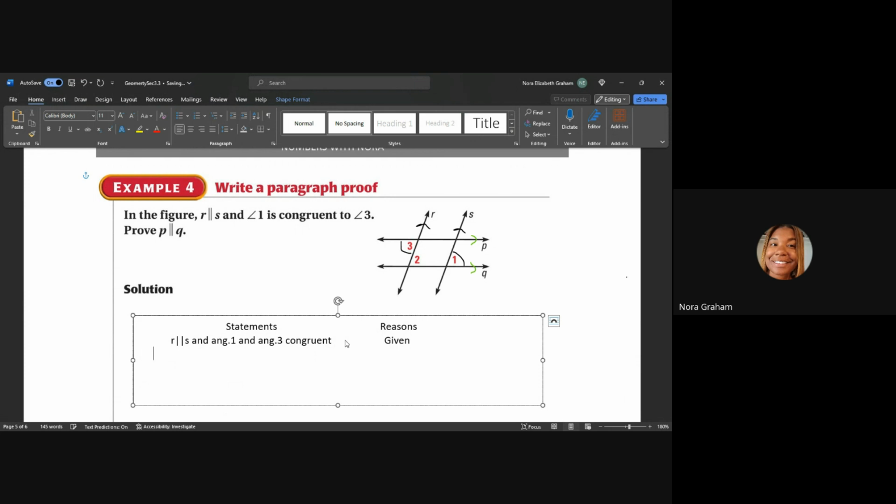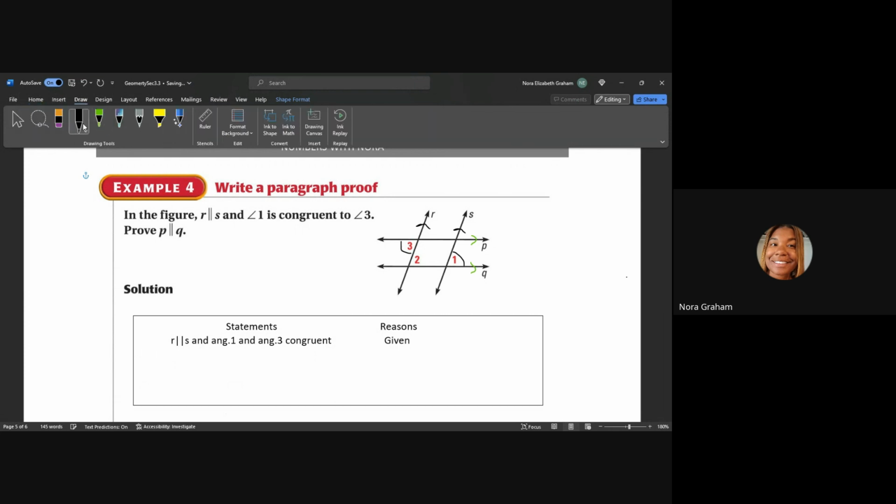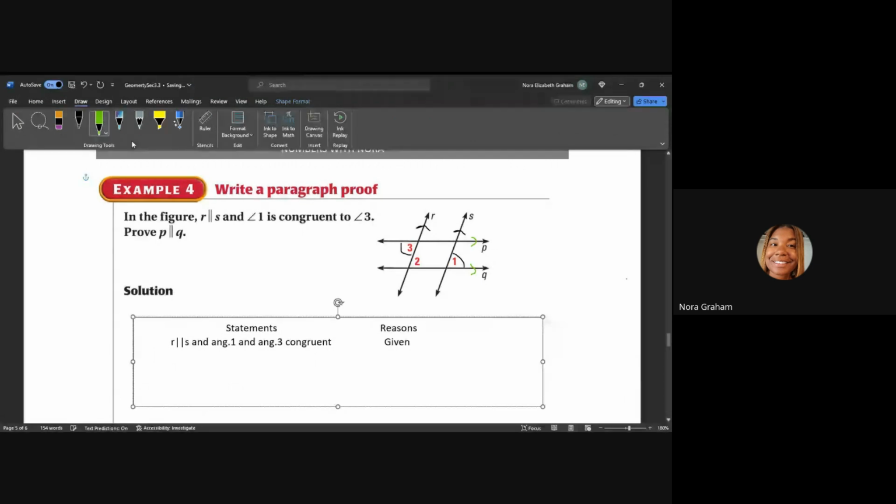Our next thing is to look at what we can use. Since it's given that R and S are parallel, we can look at Q, this line right here, as a transversal that cuts through them.